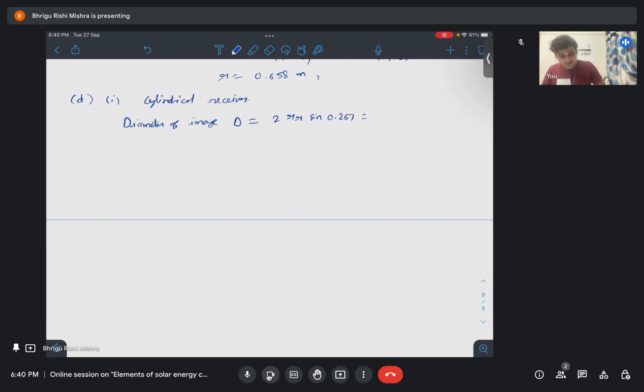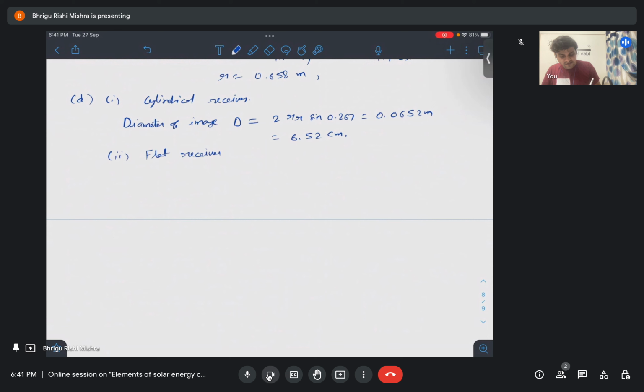If you solve this, it comes to 0.0652 meter, which is 6.52 centimeter. The second one is the flat receiver.